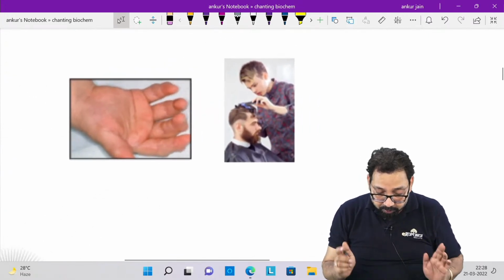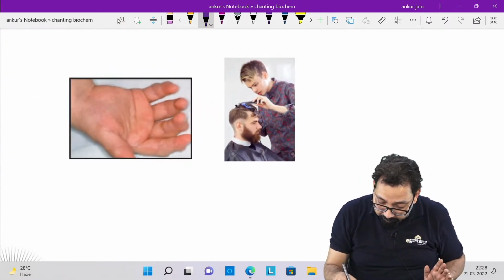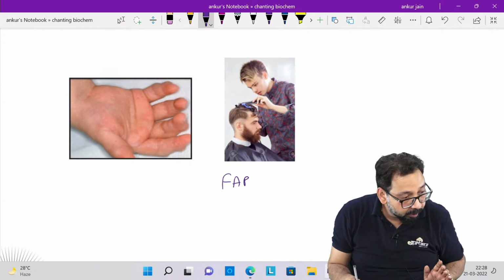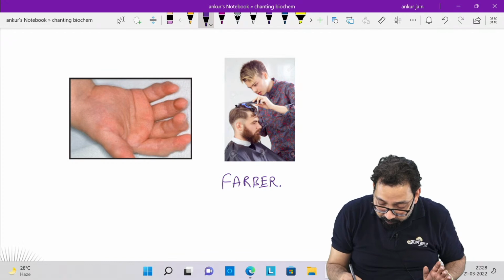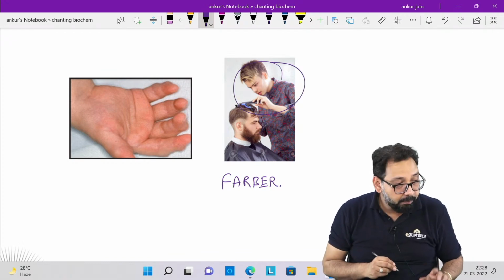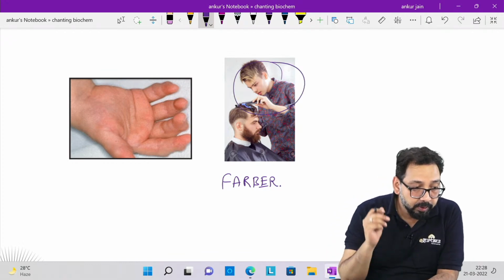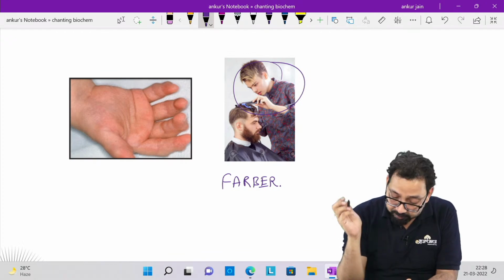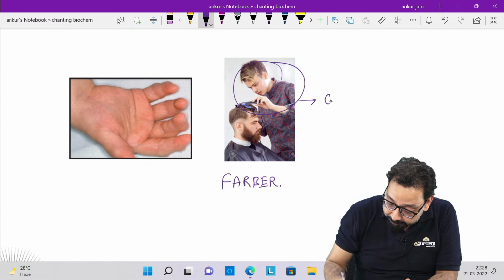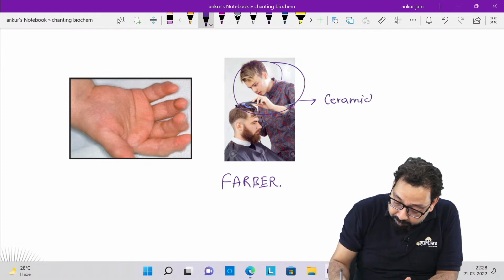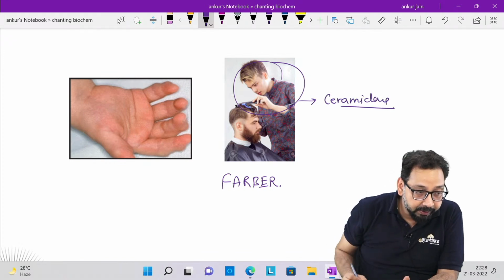Now this is question Farber disease, mnemonic Farber or barber cut hairs, सिर के बाल काटता है, so ceramidase. Which enzyme is deficient? Ceramidase is deficient.